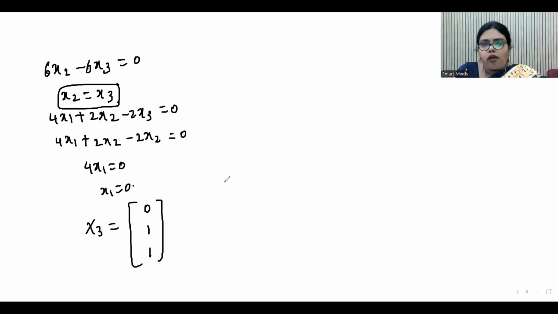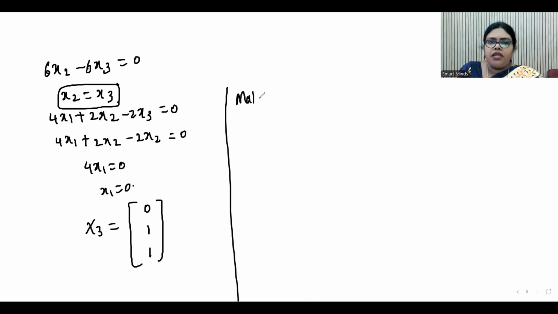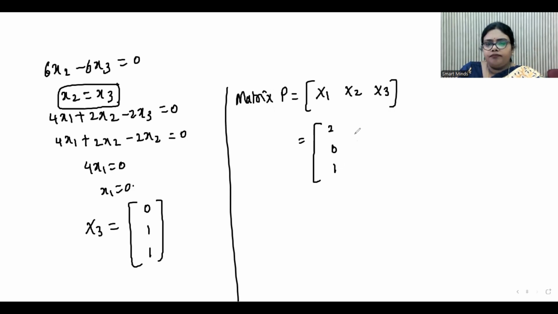Okay. Now after getting all the eigenvectors, we take matrix P. Matrix P is x1, x2, x3. So that is the first eigenvector I am writing column wise, then the second eigenvector, then the third eigenvector.